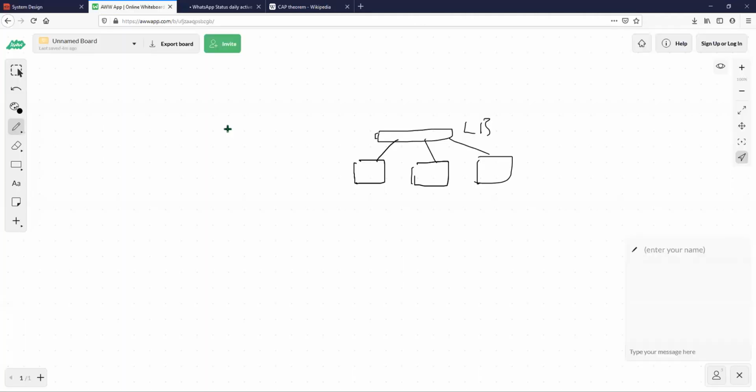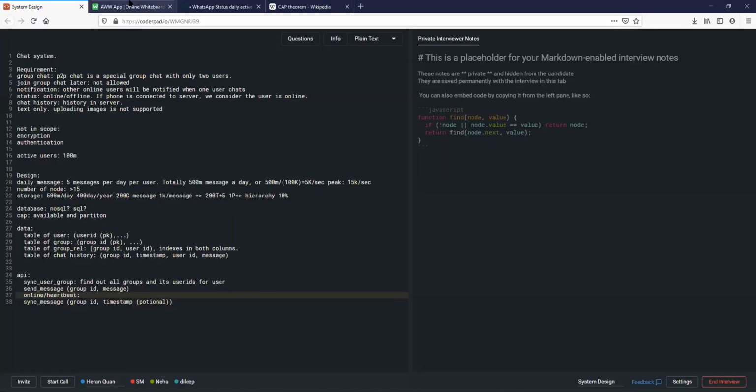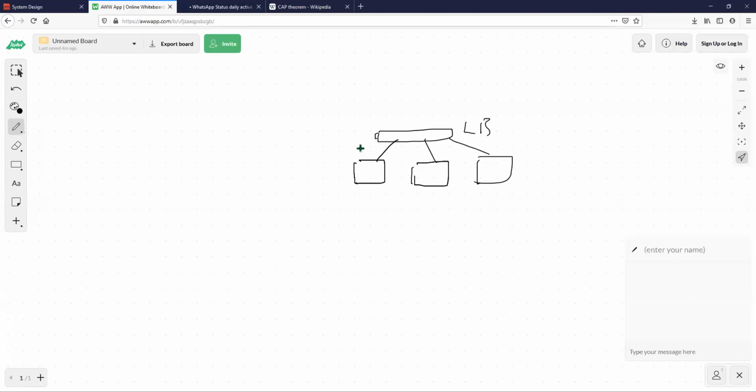The structure of this system can be very typical. We have a load balancer, we have several nodes handling all these different operations, and at the end, we have the database cluster. So there could be a lot of data.